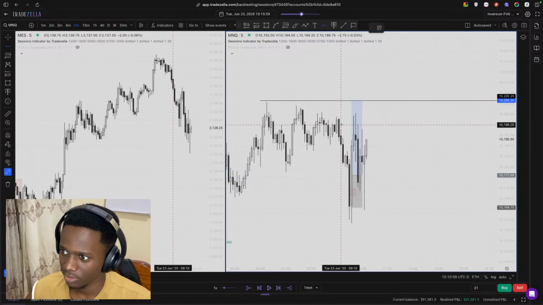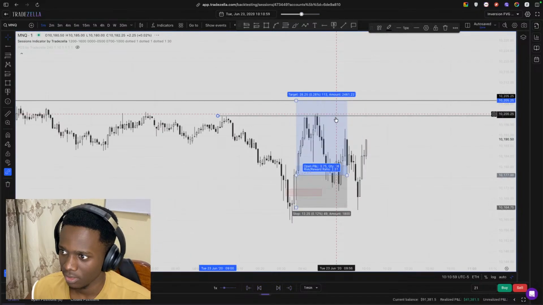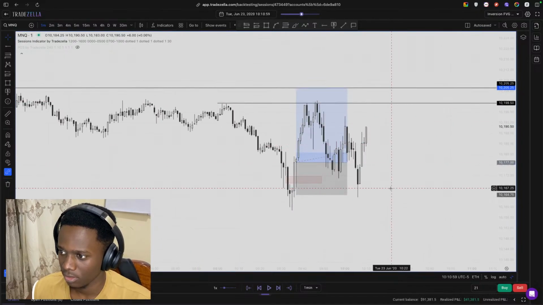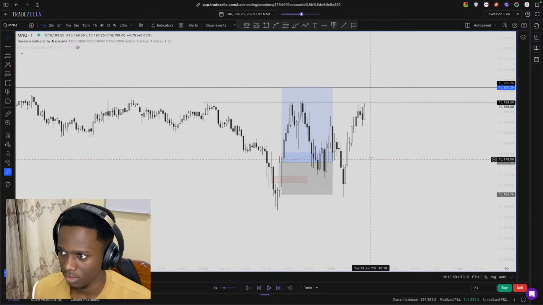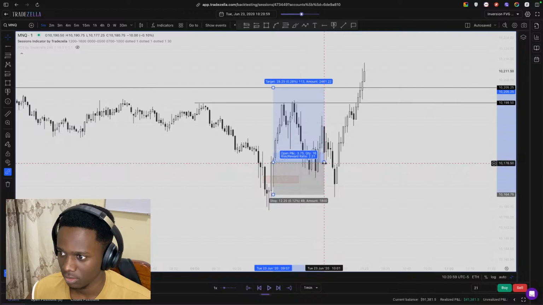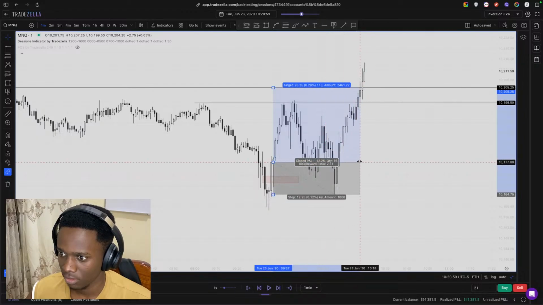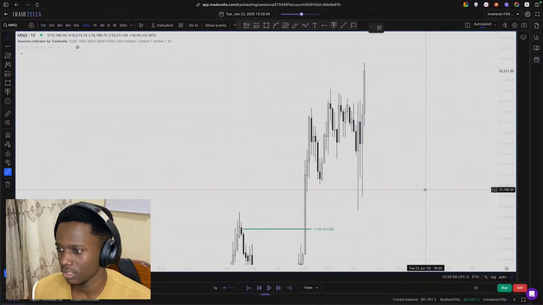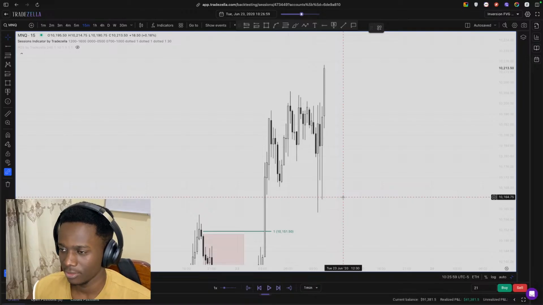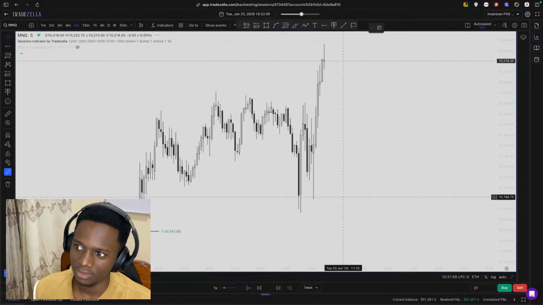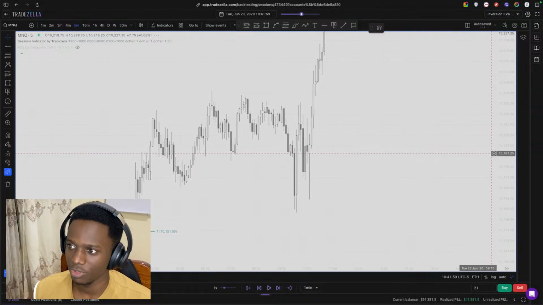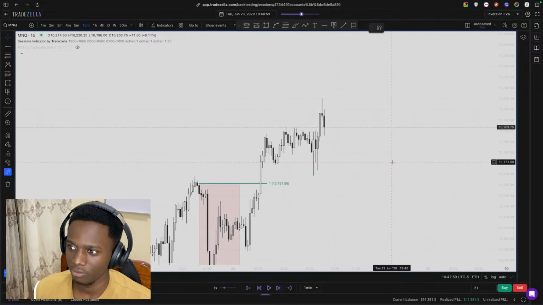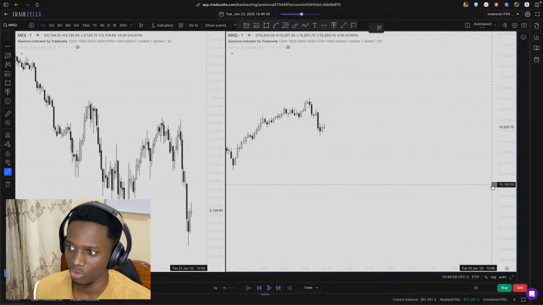So should I have closed something off here? Nah, it's not worth it here. Conditions are not the best, but I mean, it's been moving. That's the most important part of everything. It's been moving.